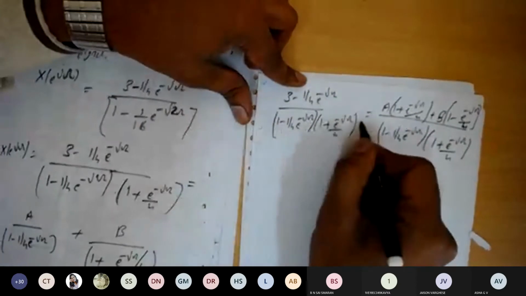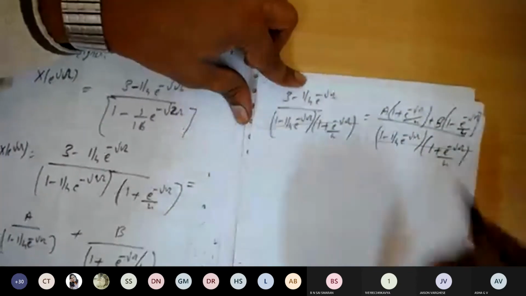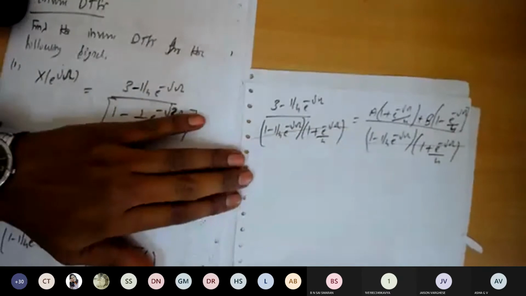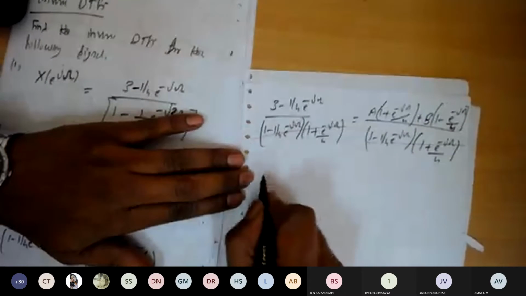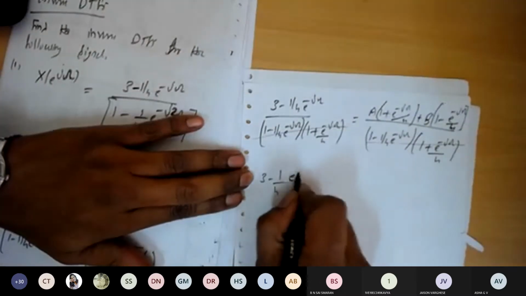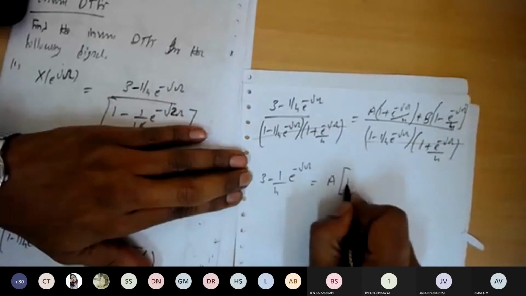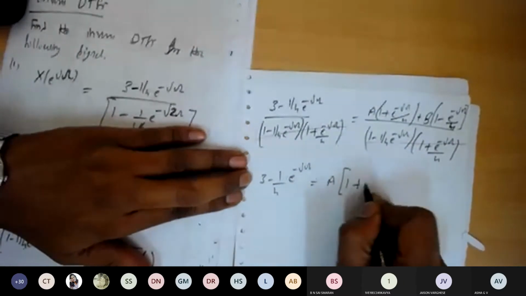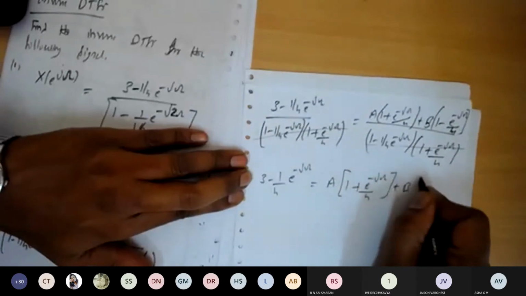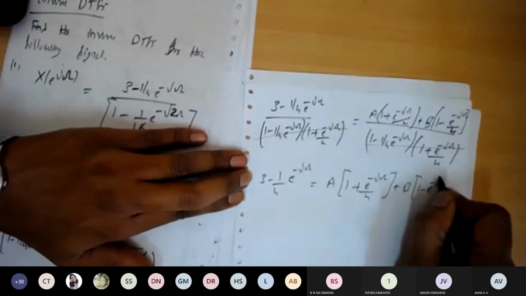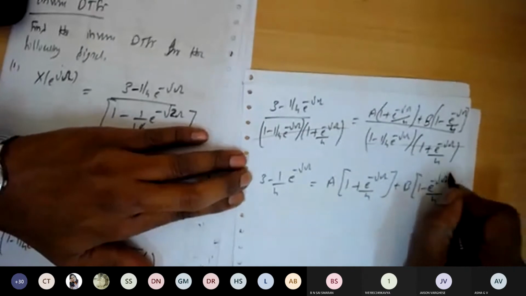Now the denominator terms get cancelled, and we are left with the numerator. So 3 minus 1 by 4 into e to the power of minus j omega is equal to a into 1 plus e to the power of minus j omega divided by 4, plus b into 1 minus e to the power of minus j omega divided by 4.